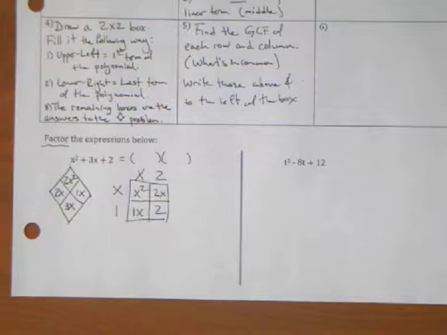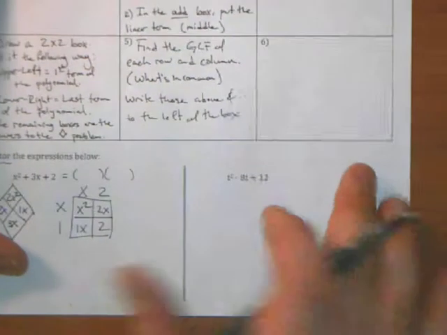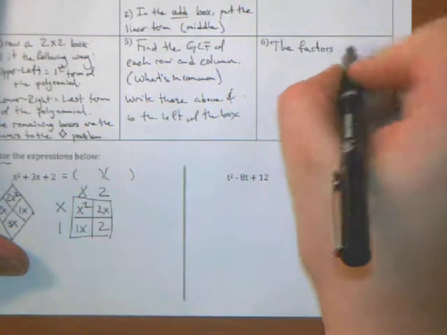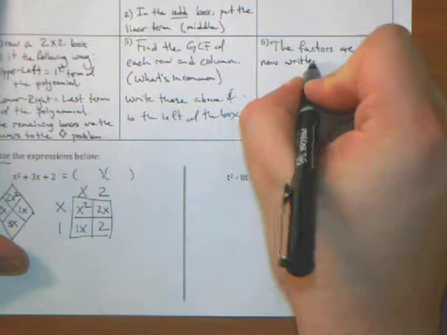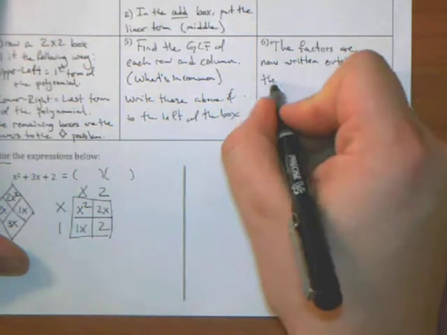So what that means is that if I were to multiply this binomial times this binomial, I should get x squared plus 2x plus 1x plus 2, x squared plus 3x plus 2, which is exactly that answer. So my solution then, or step 6, is the factors are now written outside of the box.